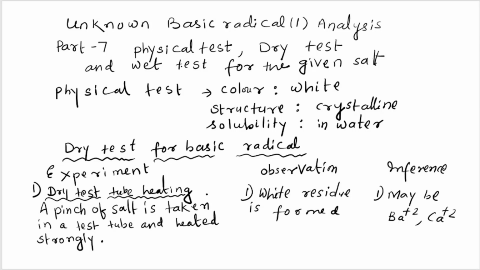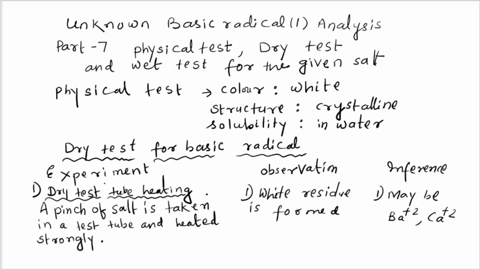Structure: crystalline. Solubility in water. In the physical test, 3 points are there: color, structure, solubility. It is an eye-proof test, where color, structure and solubility you can see. Then come to the dry test.